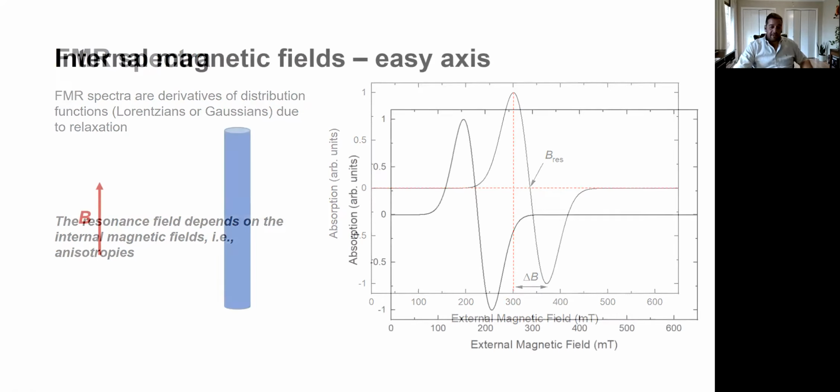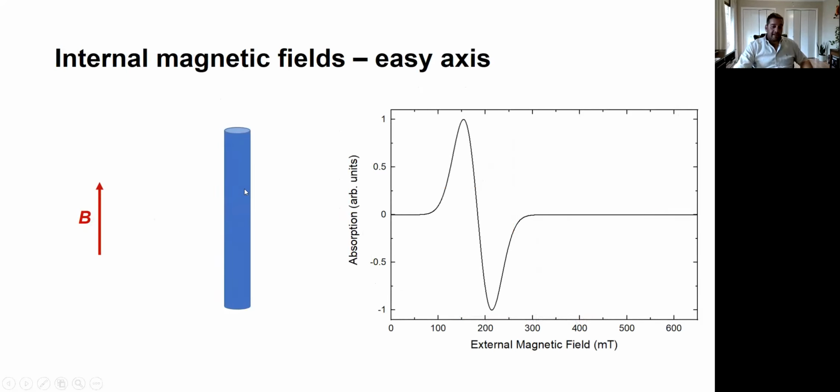How? Let's imagine you have this needle here, and it's magnetic, like a compass needle. This needle has its own field along the axis of the needle. Now, if you run this experiment with the external field parallel to the needle, because the needle already has a field in this direction, you need a smaller external field to achieve resonance.